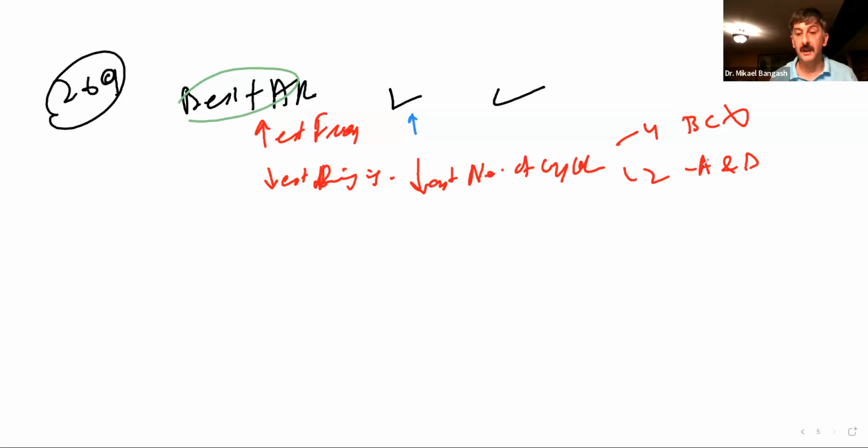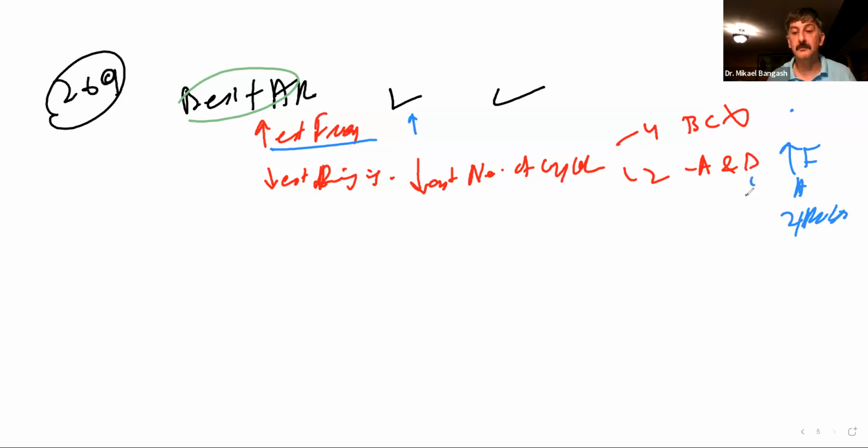Now between A and D, we have to look for the one with the greatest frequency, which is A and D, which is A, because that is 4 megahertz.